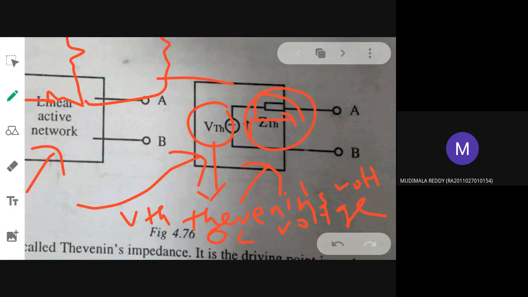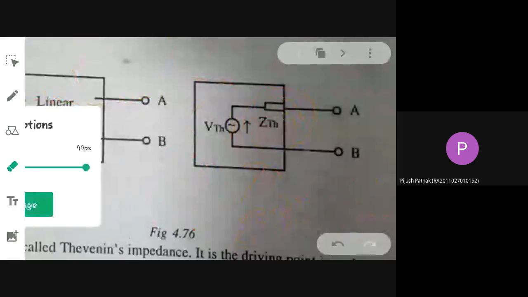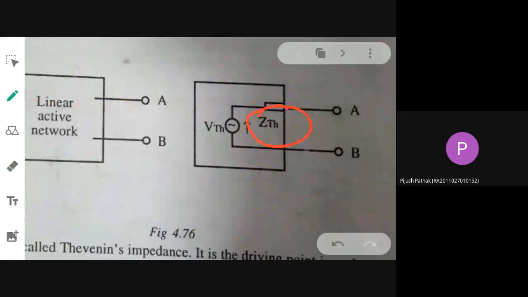This voltage is connected in series with impedance. Z generally represents impedance. So this is called Thevenin's impedance.